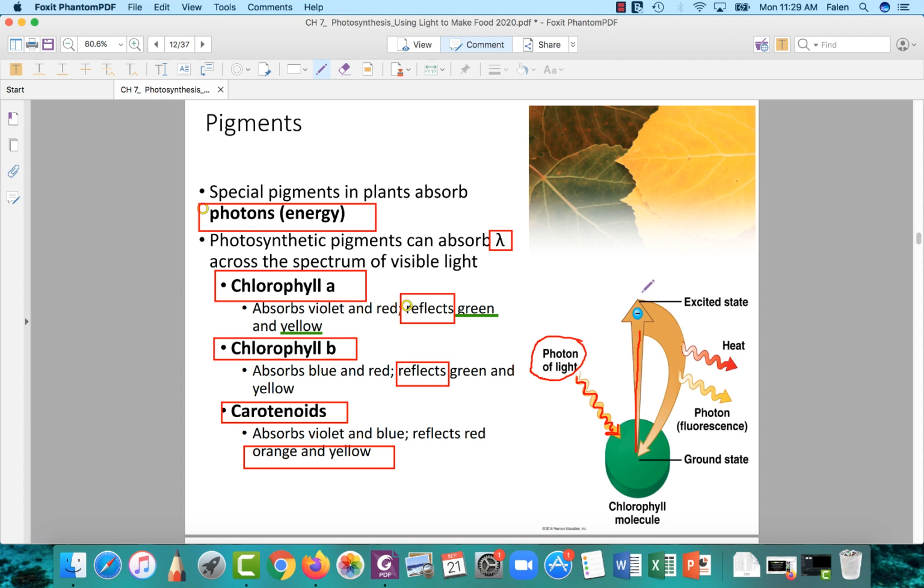What that's demonstrating is the excited state of this particular electron. We know that electrons have energy, something we've already talked about.